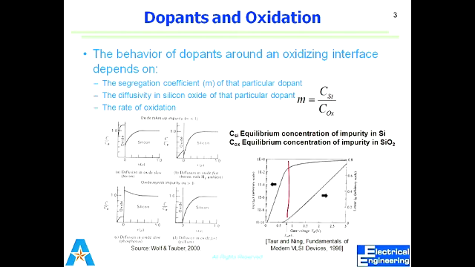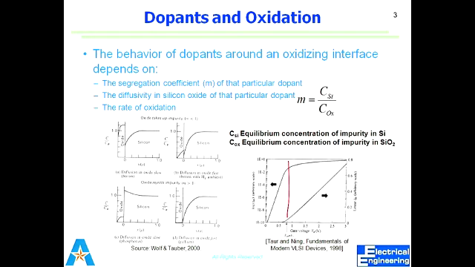In that case, just think that when 0.02 micrometer cube of silicon is consumed, 0.04 micrometer cube of silicon dioxide is created or generated. So because 2 times the volume of silicon dioxide is generated, it needs 2 times that impurity or dopant concentration as compared to what was in silicon.